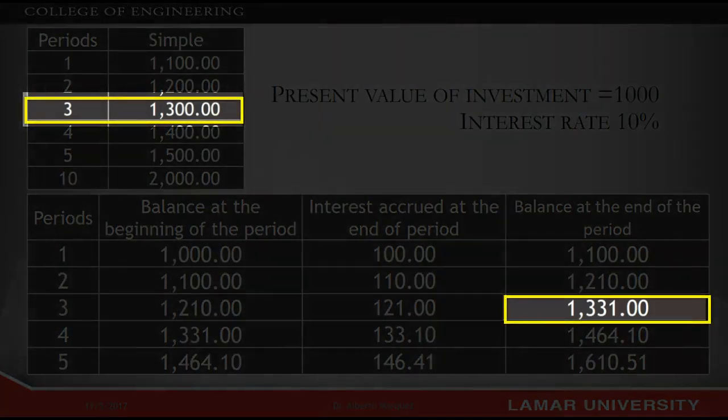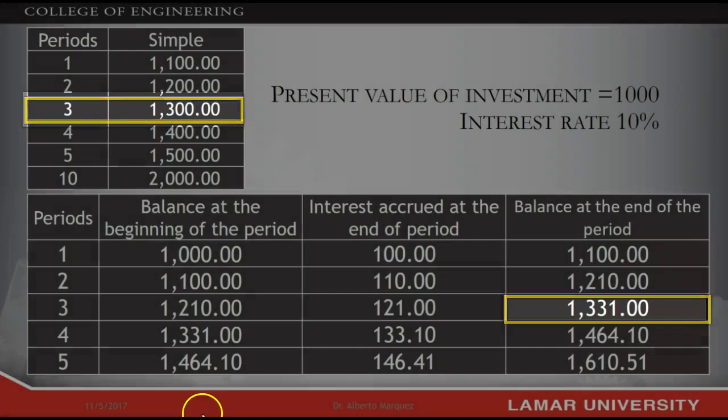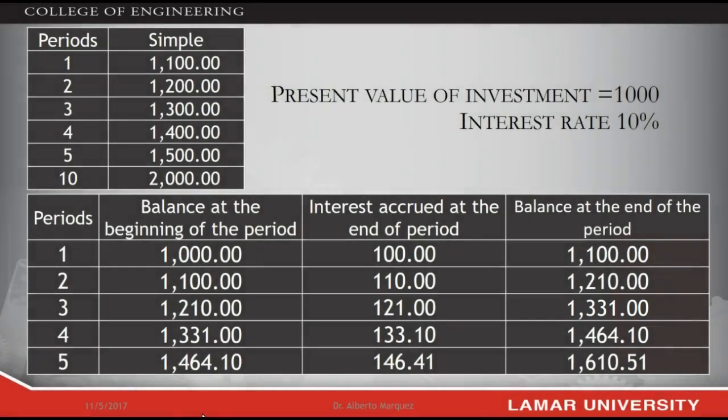We can compare now 1,300 to $1,331. It is clear to see that we have an advantage in using compound interest in our computations. If we select properly the periods, we could get better results.